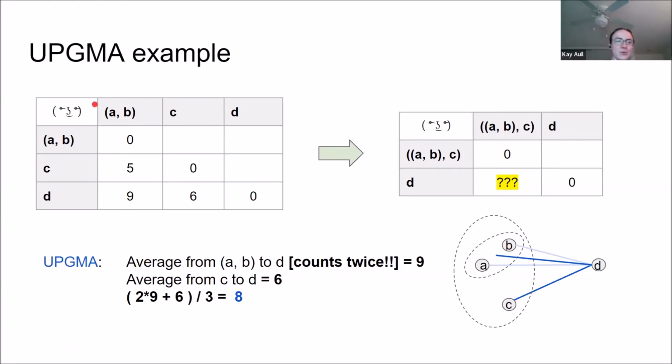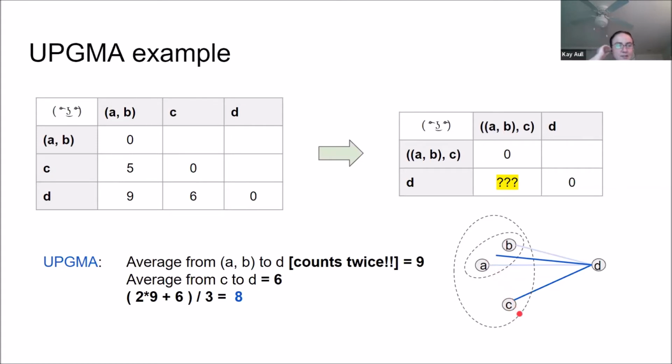All right, so what you do is you look and you say, where's the lowest difference? And in that case, you have your C, and that is the distance between your A and B merge cluster and your C. That is the lowest available.